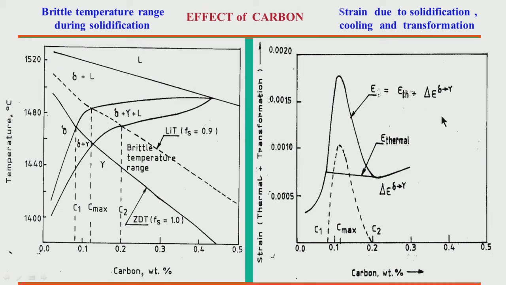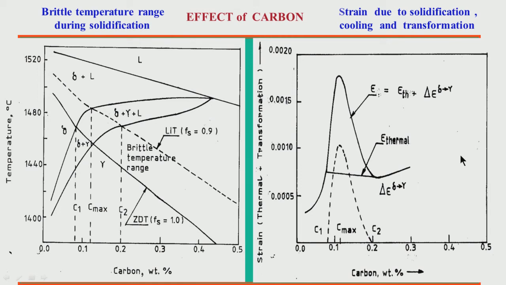So, we have to be really worried about this chemistry, because along with the thermal strain, the transformation strain is acting in this temperature region, which, I have told you, is a brittle temperature region between LIT and ZDT, between the solid fraction of 0.9 and 1.0.